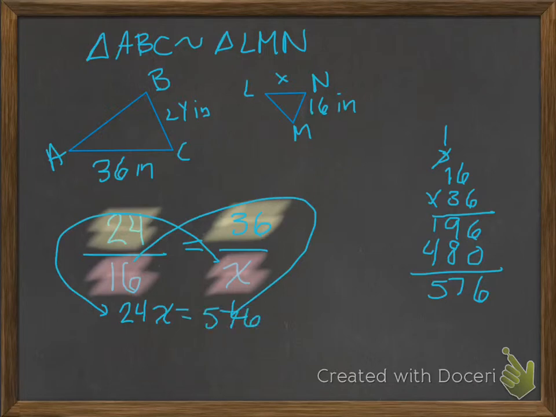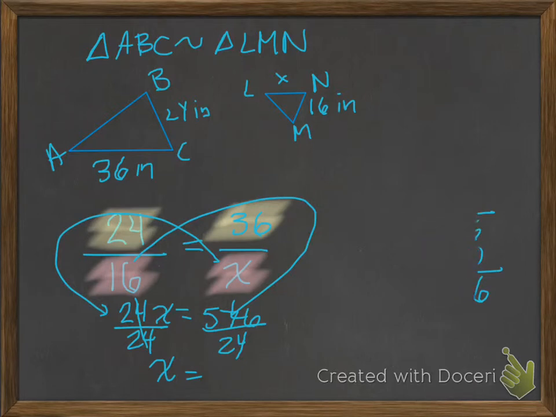And then to solve for X, we need to divide by 24 on both sides. So 576 divided by 24, go ahead and do that on the side as well. Let me make some space. 24 goes into 57 2 times.